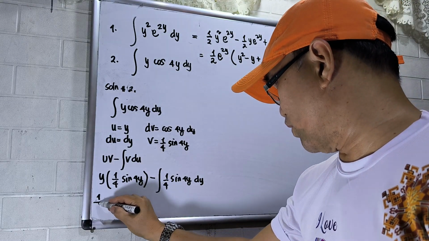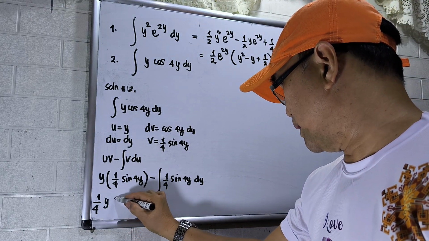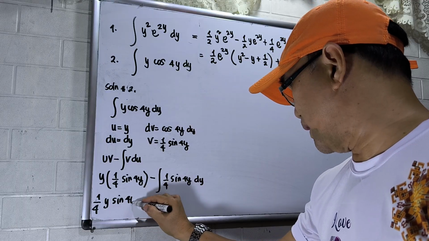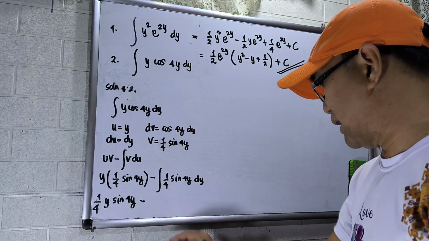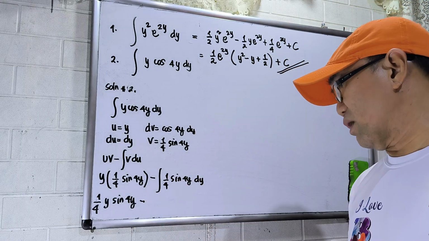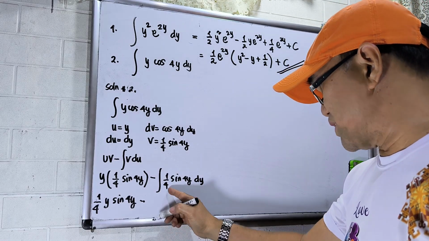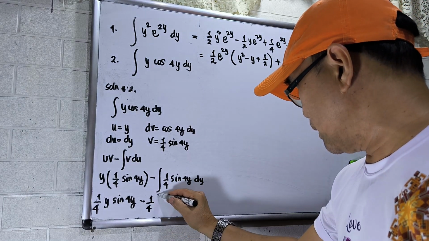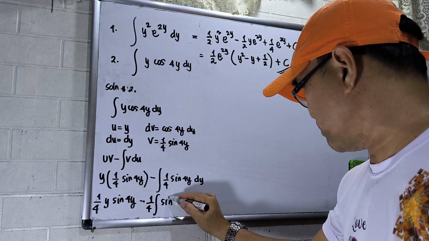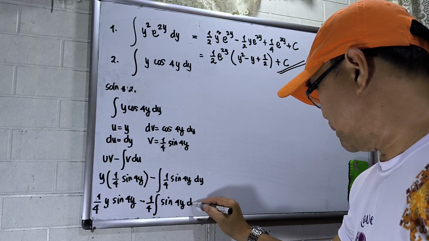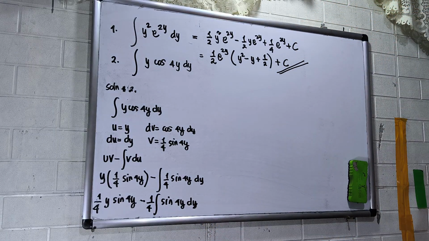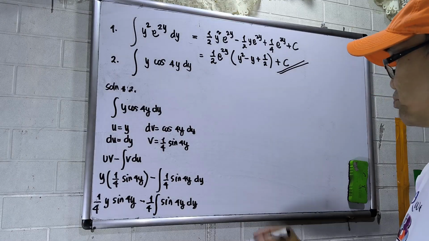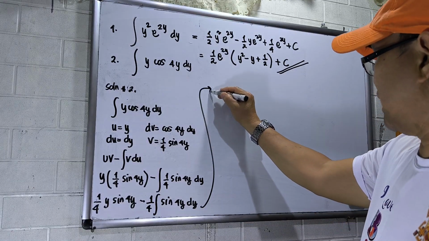Then this will be 1 over 4 y sine 4y. Then this will be minus. 1/4 will be placed outside before integration because this is constant. So this is 1/4 integral of sine 4y dy. Okay? So I'll just write in here.